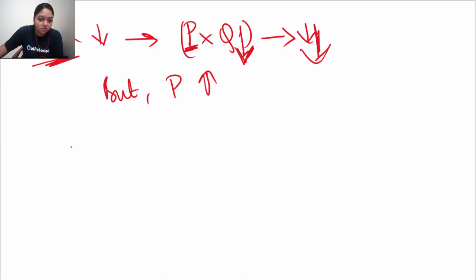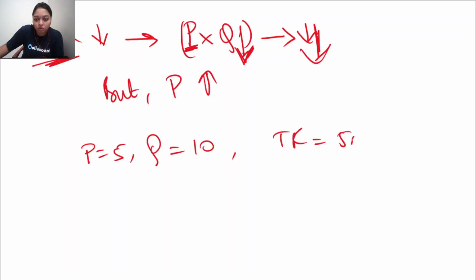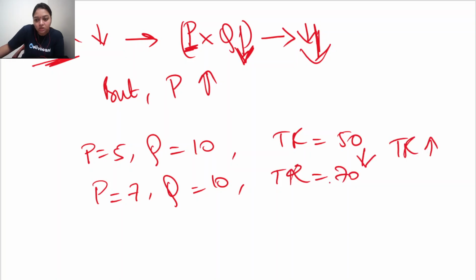Let us take an example. Price, let us say it was 5, and at that time quantity sold was 10, right? So what is your total revenue? 50 rupees. Now let us say price became 7 rupees, but quantity remained 10. Then your total revenue becomes 70. Then total revenue is increasing from 50 to 70, it is plus 20. But what are they telling? They are telling total revenue is decreasing.